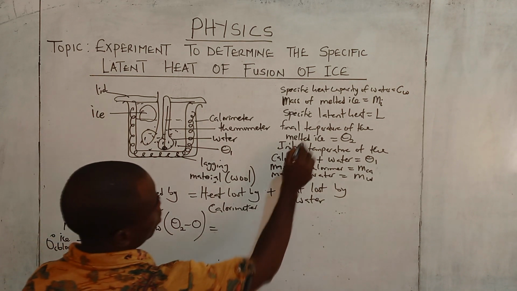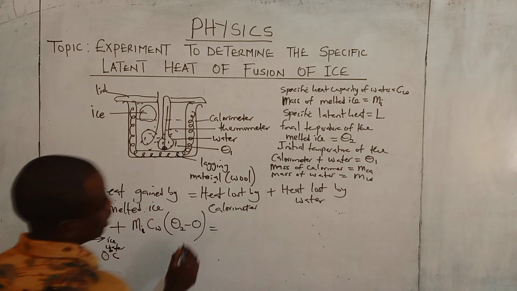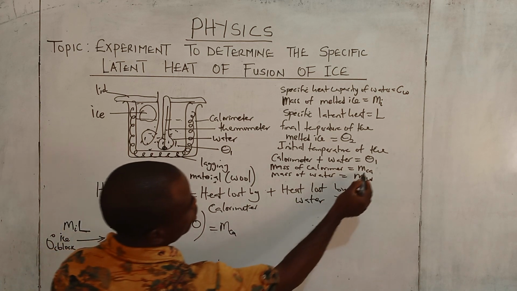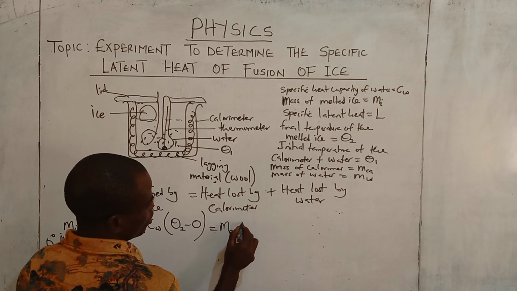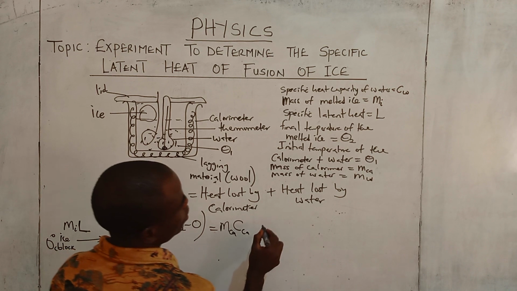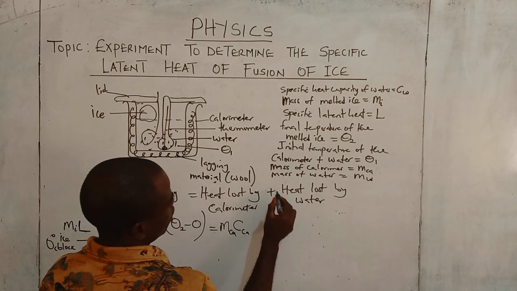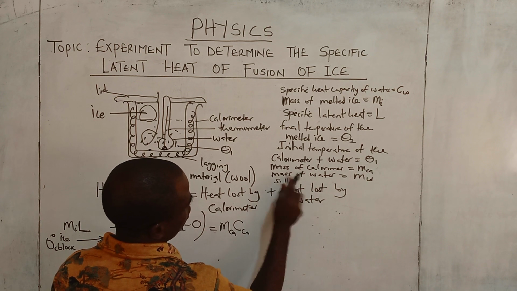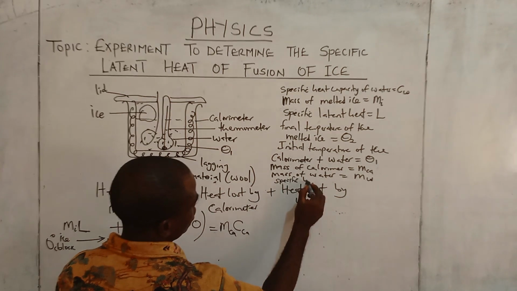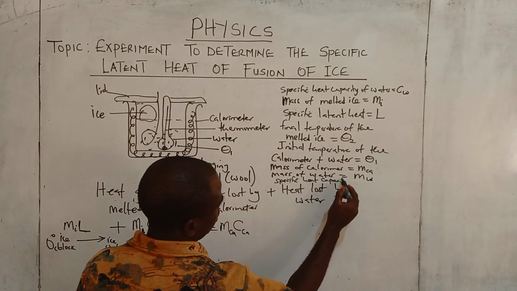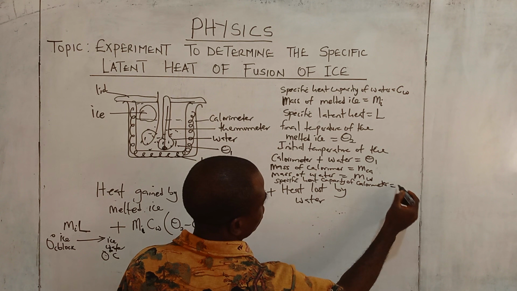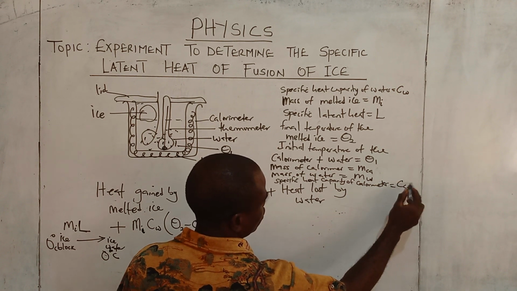Now let's go to the other one, heat lost by calorimeter. Mass of calorimeter, Mca, so we use Mca to represent this, specific heat capacity of calorimeter, Cca.